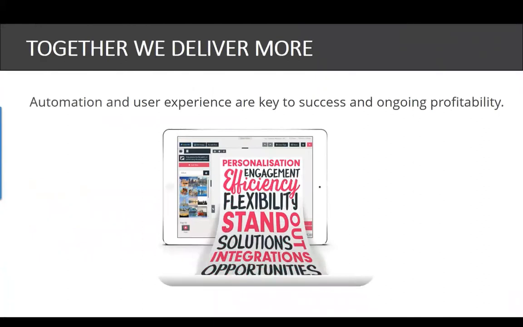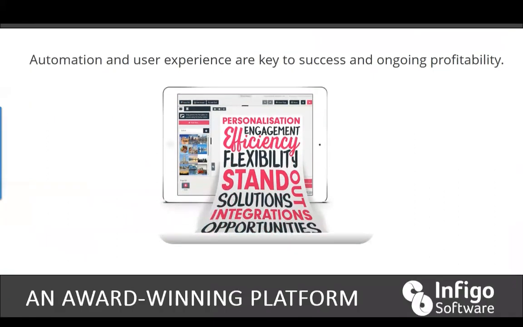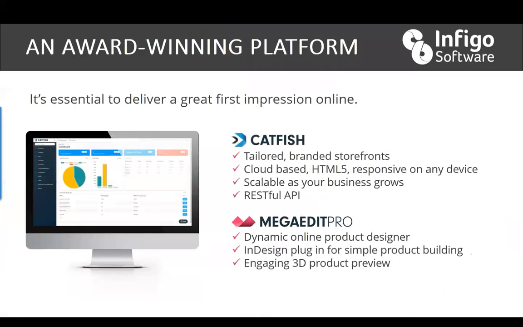Today is about how we can automate from end to end, how we can drive those processes, not just from a technology point of view, but right the way from ordering online, driving an estimate, delivering that into a production workflow, pulling that information back, and then driving that into the system. Today, we're going to be looking at 2 of our products, Catfish and Mega Edit Pro, and we'll be talking about how they fit into the environment that we're looking at.